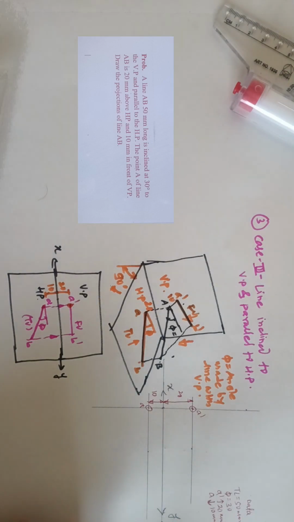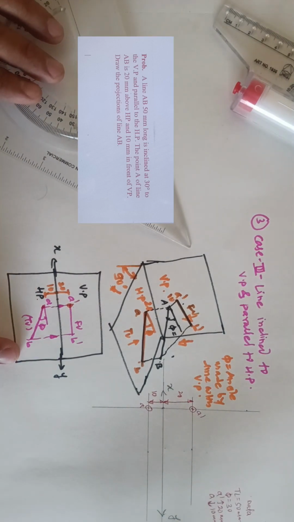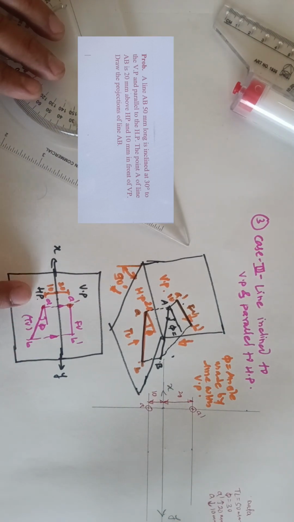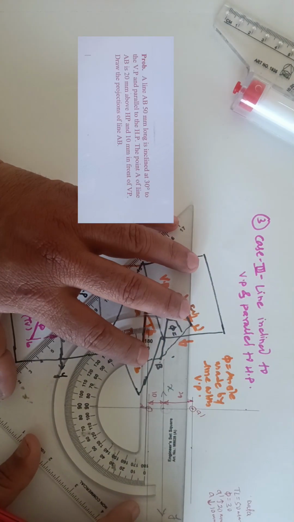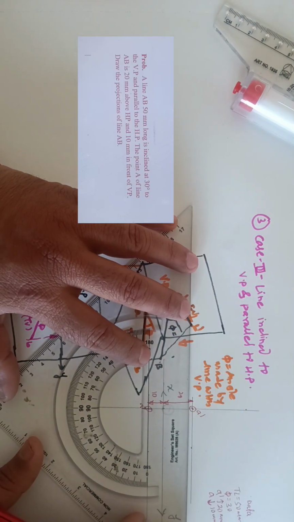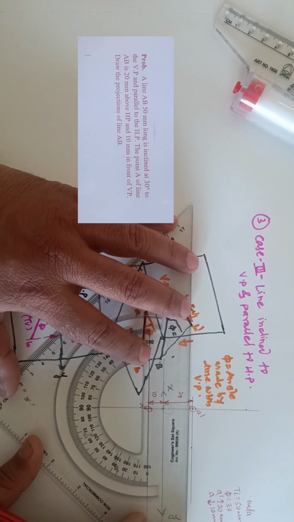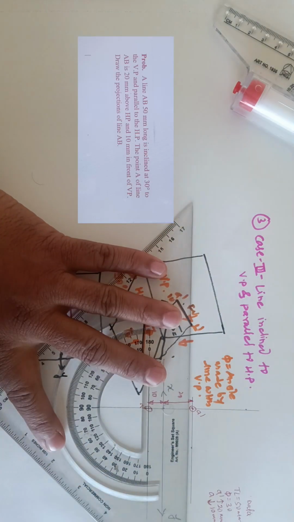Now the next procedure is that we draw the line inclined at an angle of phi in the top view. That top view of the line is passing through the point A. So we draw the line inclined at an angle of phi passing through the point A, and that phi angle is given as 30 degrees.